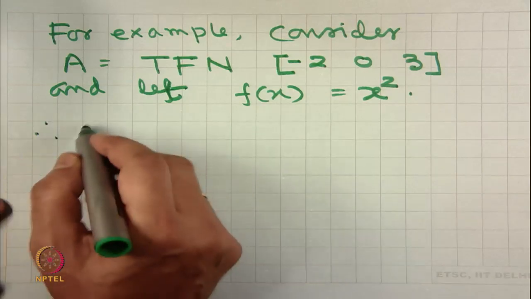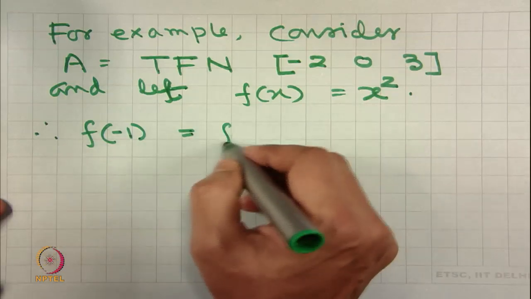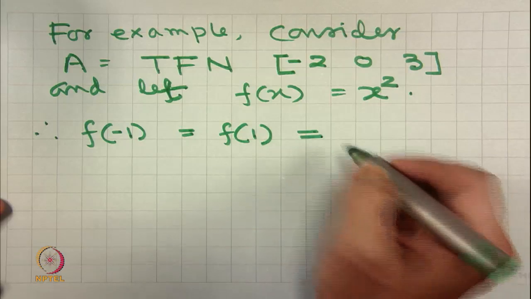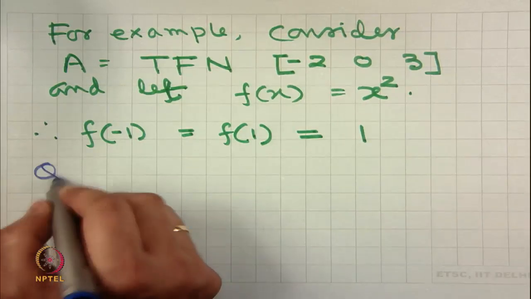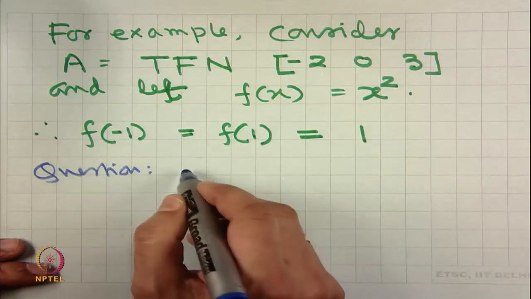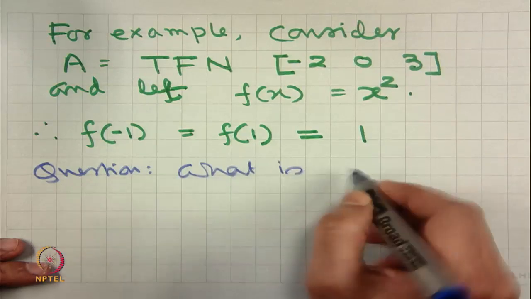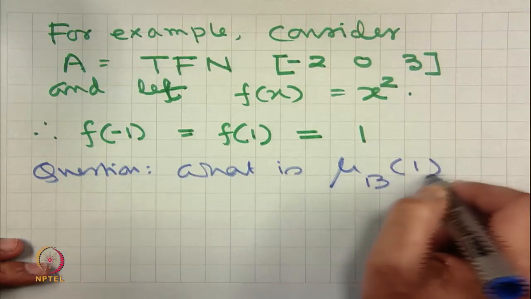Therefore, f of minus 1 is equal to f of 1 is equal to 1. Question: what is mu b of 1?